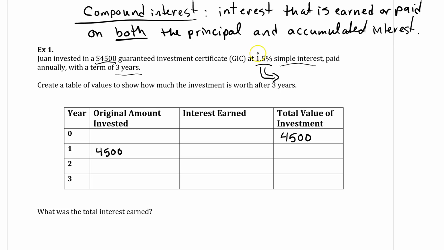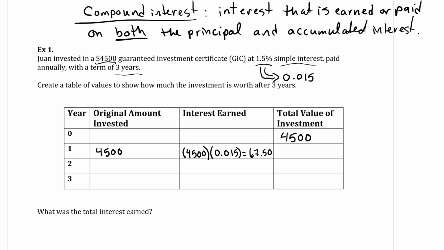To get 1.5%, it's actually 0.015. To find a percentage of anything, you take the thing you want to find the percentage of, in this case our 4,500, and multiply it by the decimal of the percent, 0.015.